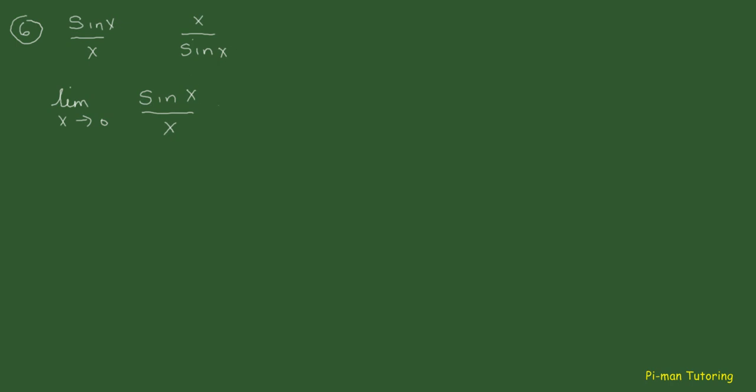But in fact, if you plotted this graph, you would find that as x gets closer and closer to 0, sine x over x gets closer and closer to 1. And similarly, the limit as x tends to 0 of x over sine x is equal to 1.